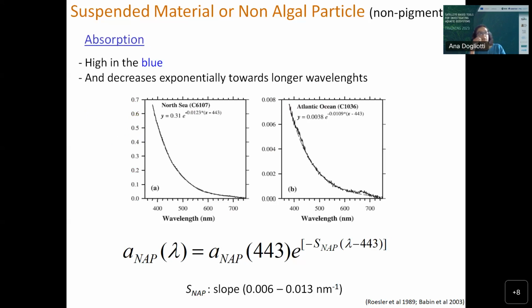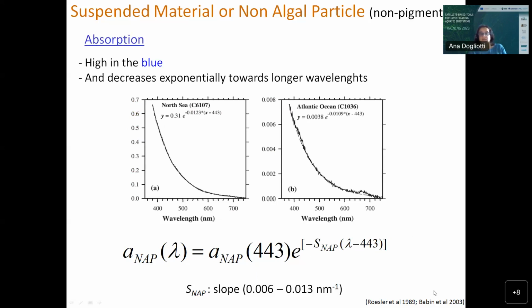So the absorption characteristic of the non-algal particles is that the absorption is high in the blue and decreases exponentially towards the longer wavelengths. And usually it's modeled in this way. So this is the exponential, where the S here is the slope.